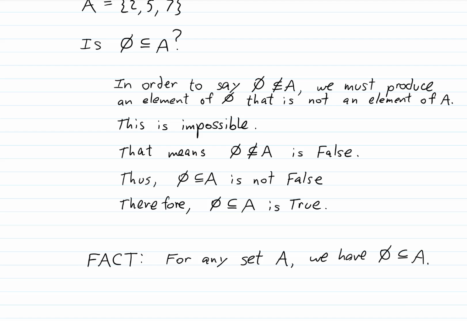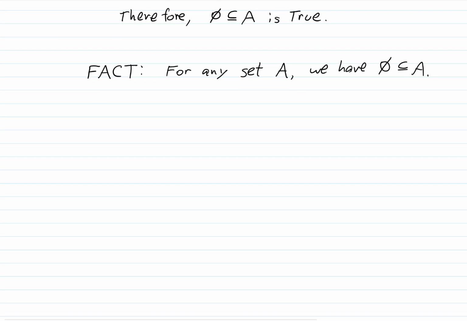Okay, now I want to move on and talk about how many subsets a set can have, and we're going to limit ourselves to finite sets. Okay? How many subsets can a finite set have?